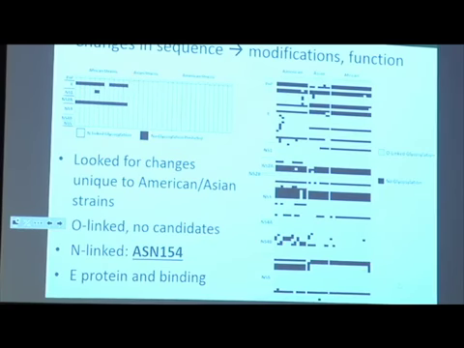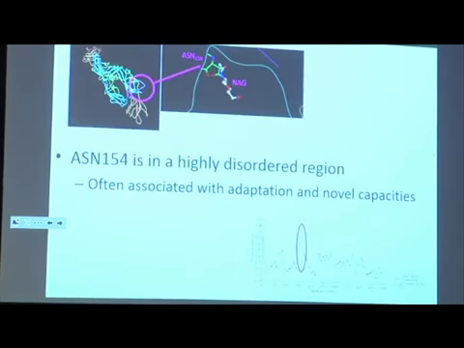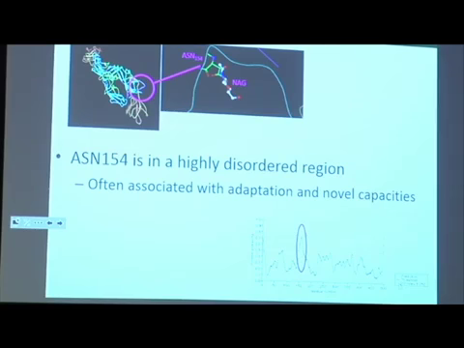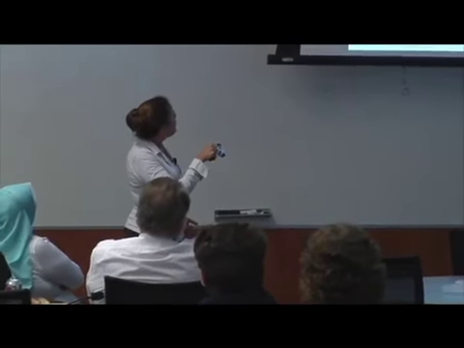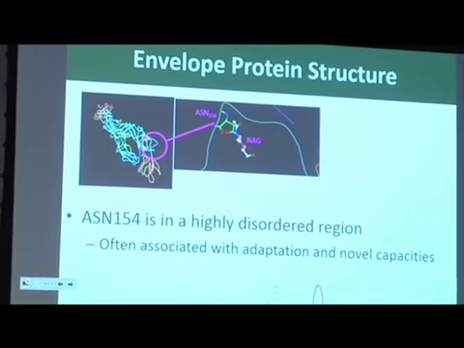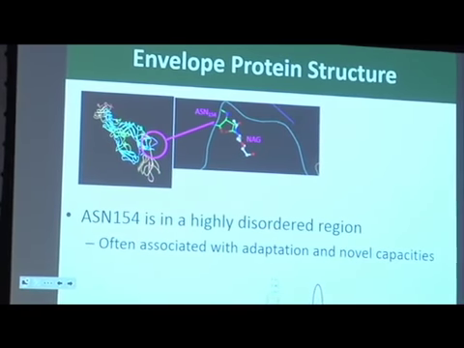And we liked it for a lot of reasons. One of which was that when we did some structural modeling, we could see that this is a crystal structure diagram of the Zika envelope protein. What we found was that asparagine 154 was right here on this big, flexible, floppy loop.